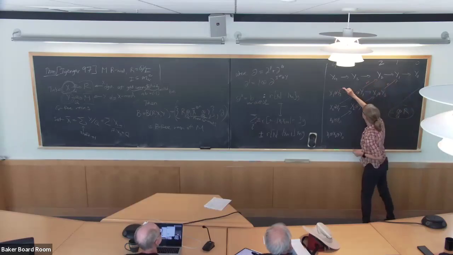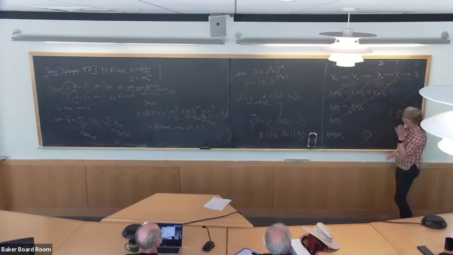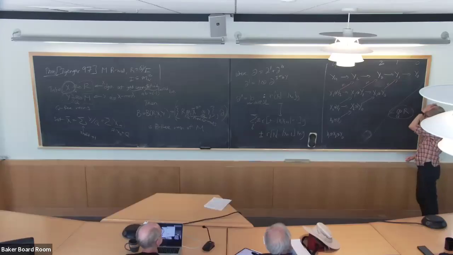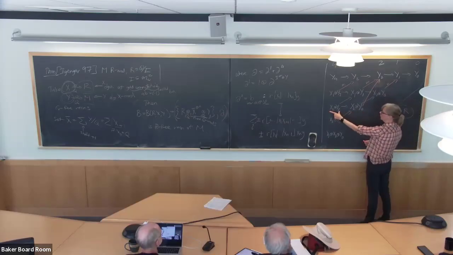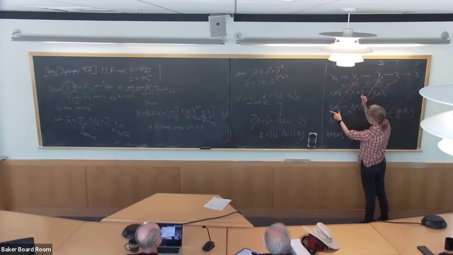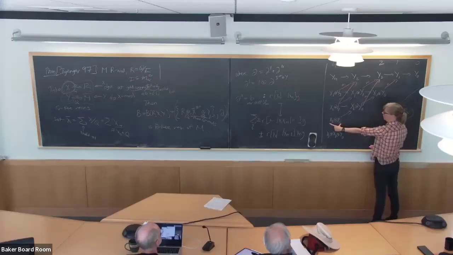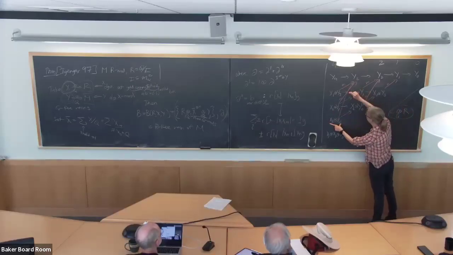So that's a product, and that's a product. X2 times Y0 is in Y2, so that ends up there. X2 times Y1 is in Y3, that ends up there. So all the pink ones are multiplying adjacent factors. X3, Y0, you end up in Y3.